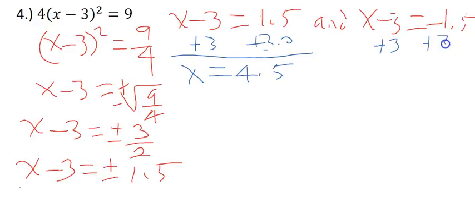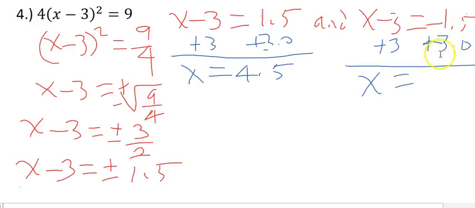Here you're adding a negative and a positive, so you find the difference between them. 3 minus 1.5 is 1.5, and the answer is positive because the bigger one is positive. So x equals 1.5.